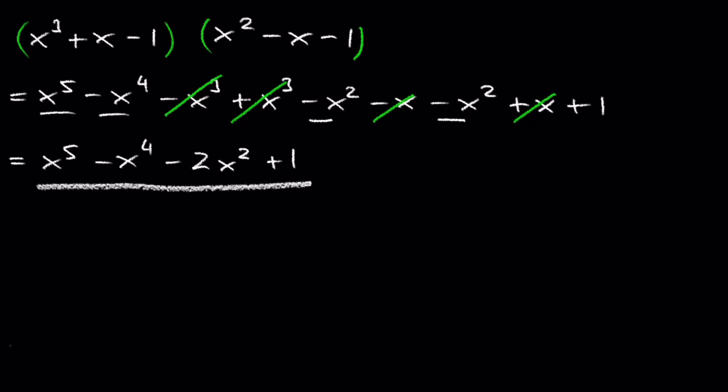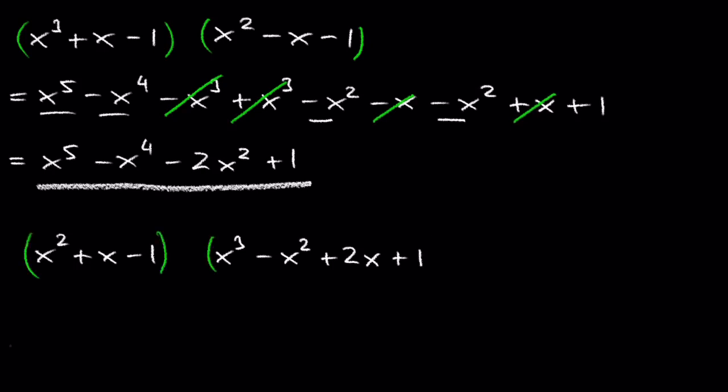I want you to try this last example on your own. x squared plus x minus 1 times x cubed minus x squared plus 2x plus 1. Feel free to try this on your own and write how you solved it in the comments.